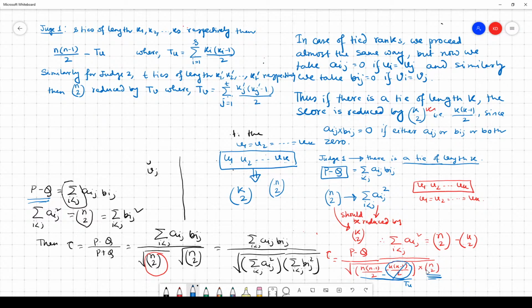So this should be, instead of nC2, n into n minus 1 by 2 minus Tv. Okay. So this is the formula for tie cases.